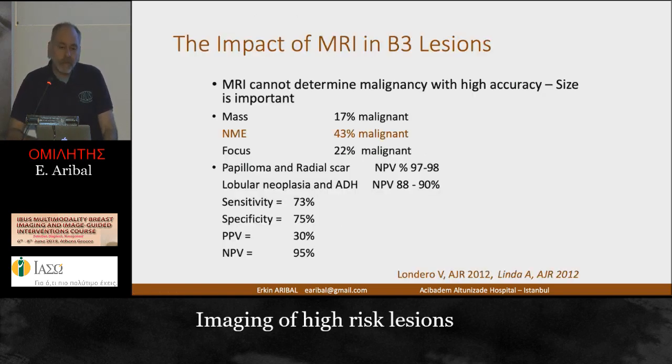Is there a role for MRI for these B3 lesions? Yes, particularly for non-mass enhancements, there is a 43% malignancy risk in these cases, particularly if they are enhancing with contrast. And the negative predictive value is quite high for papilloma and radial scar, but a little bit lower for ADH and lobular neoplasia.